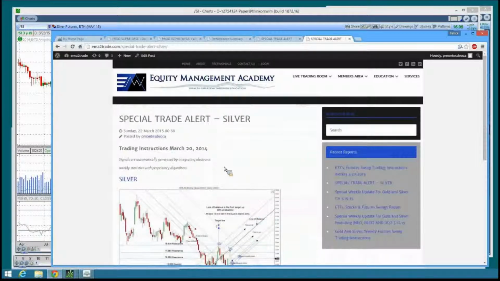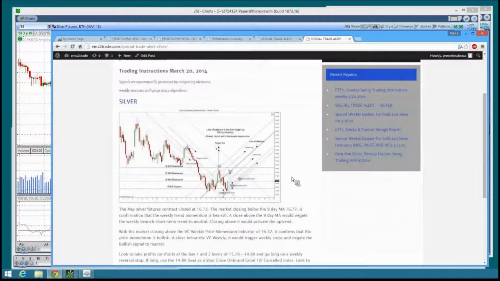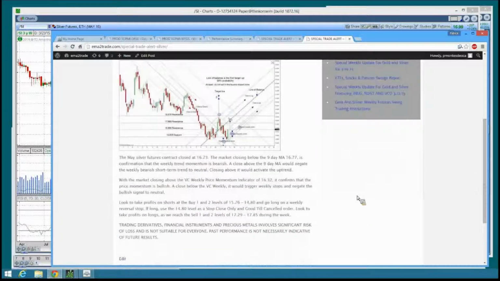This report was published on March 20th, 2014, and it basically covers the silver weekly charts, and it includes the analysis and the algorithms that we use to identify the direction of the market. And on this report, published on March the 20th, the May silver futures contract closed at 1673.